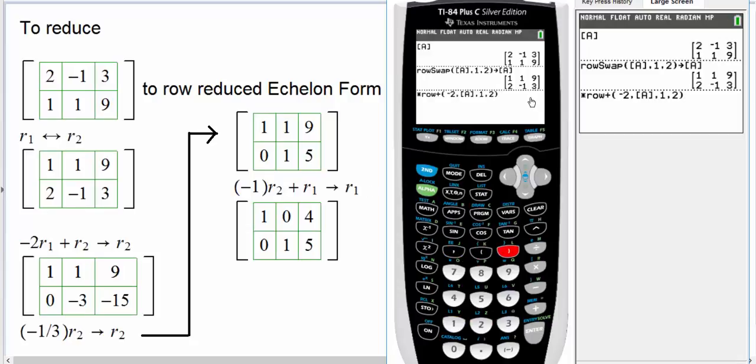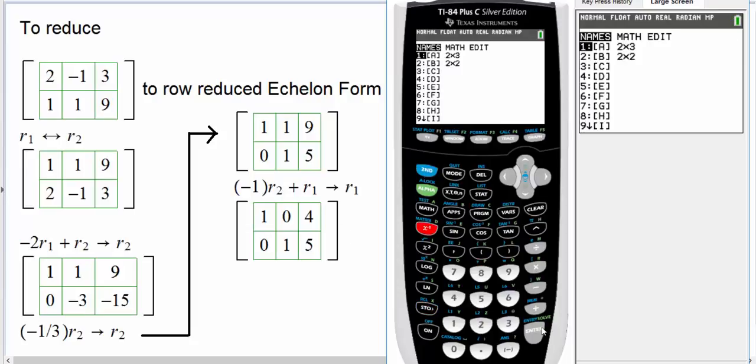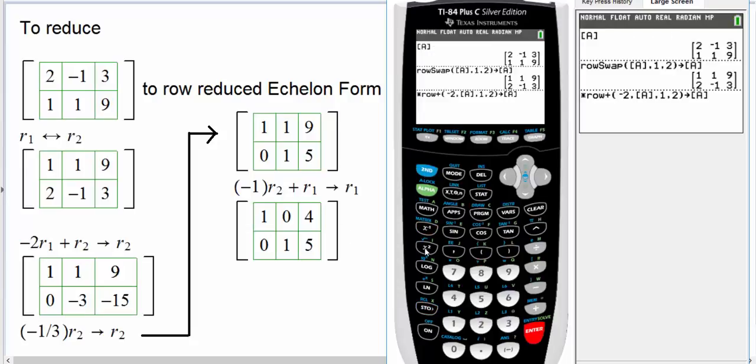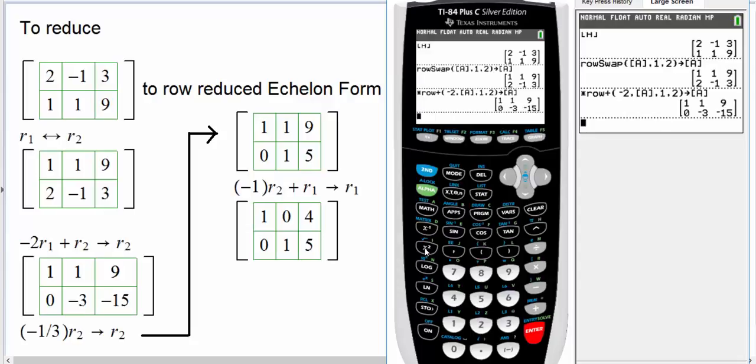Okay, so there we go. And now this is going to be our new matrix A. So let's ask it to replace that by A. And here we go. So we have this matrix 1, 1, 9, 0, -3, -15.